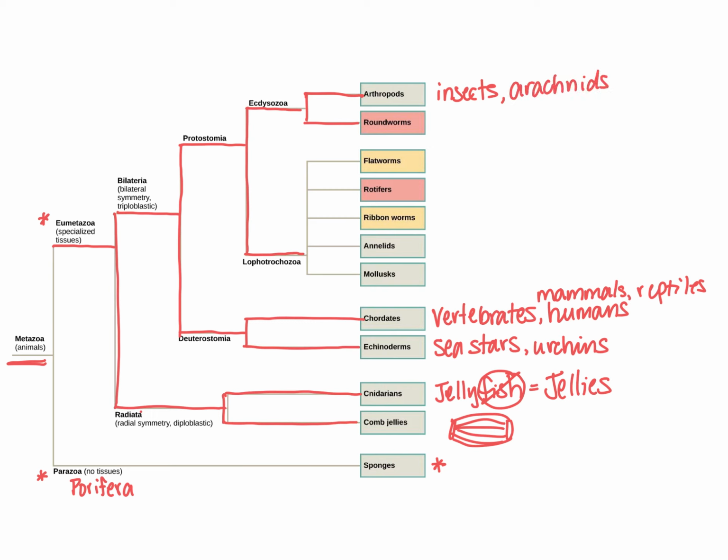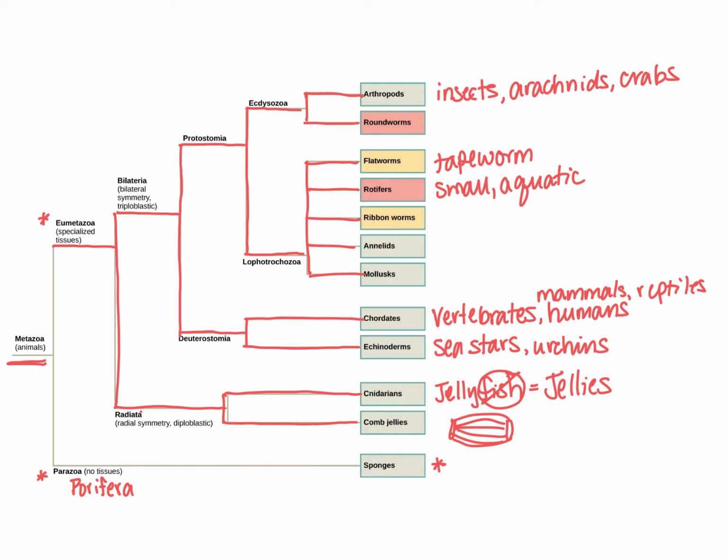So spiders, insects, things like crabs, etc. And roundworms. And then in the lophotrochozoa, we've got things like flatworms. An example would be something like a tapeworm. Rotifers are small aquatic animals.